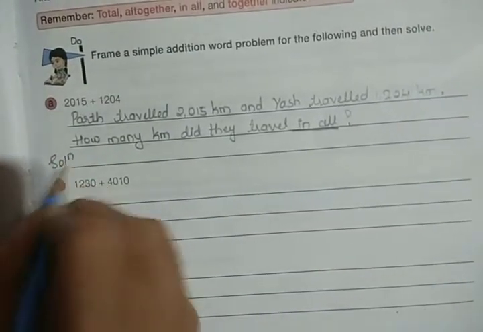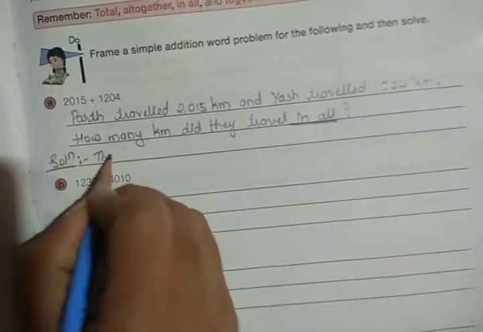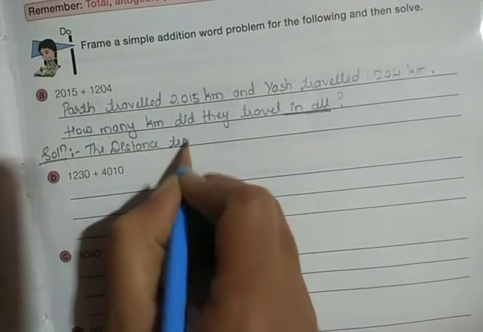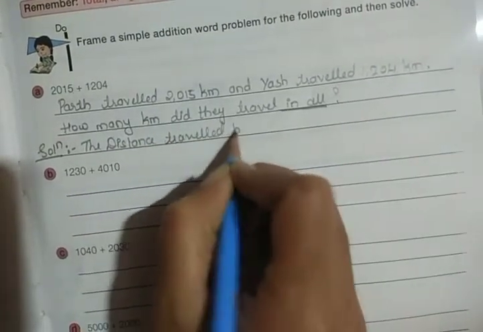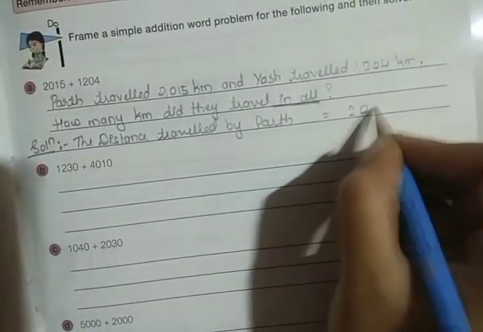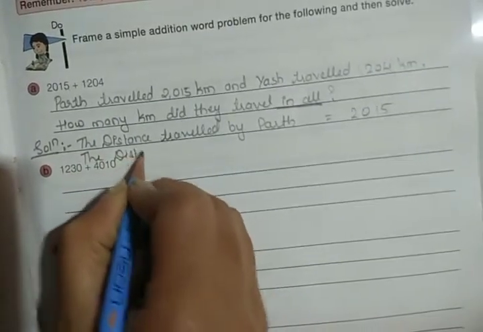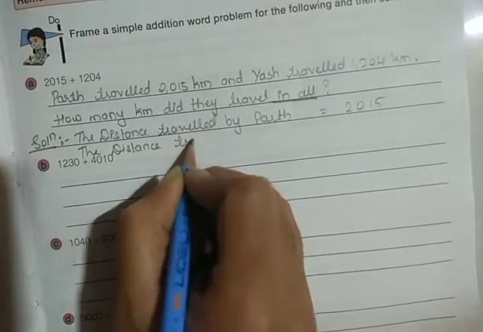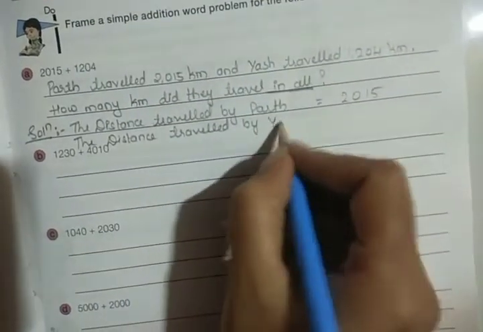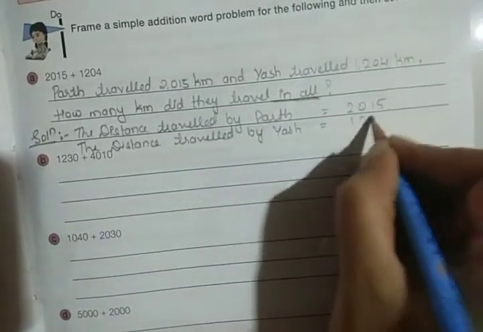Write the solution. The distance traveled by Parth is equal to 2015, and the distance traveled by Yash is equal to 1204.